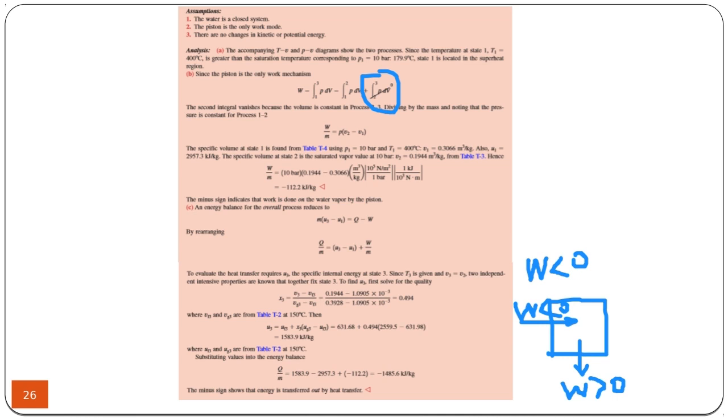But this is opposite for the case of Q. So if the system is losing Q, it's negative Q. If the system is gaining Q, it's positive Q. So what we have here is a loss of heat because it's negative.